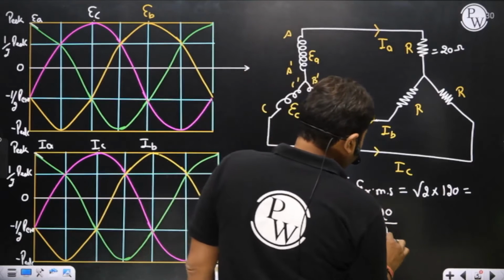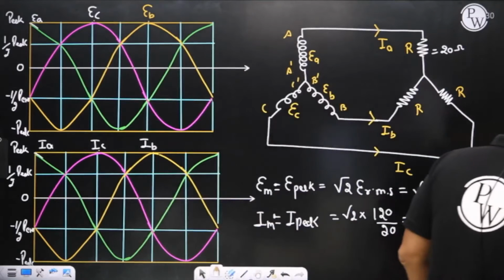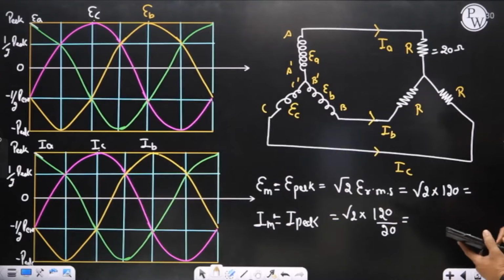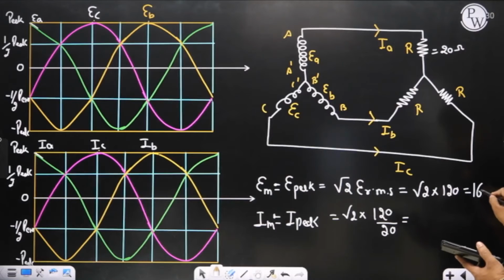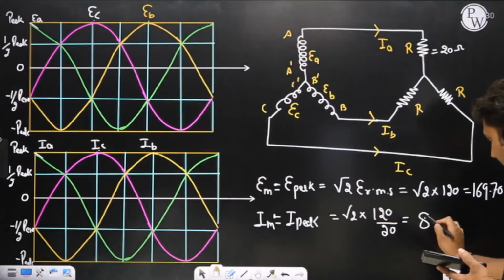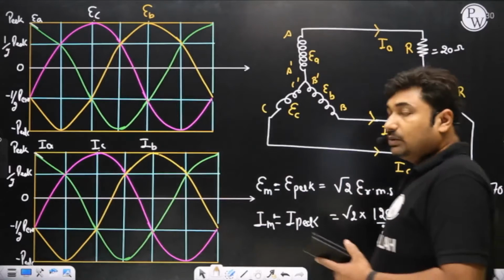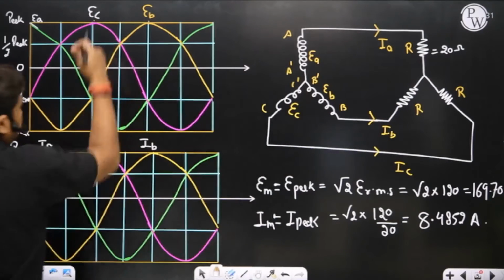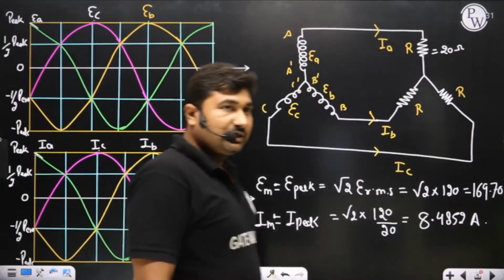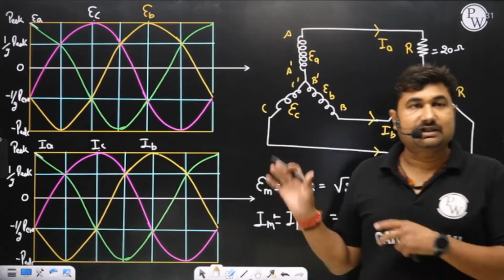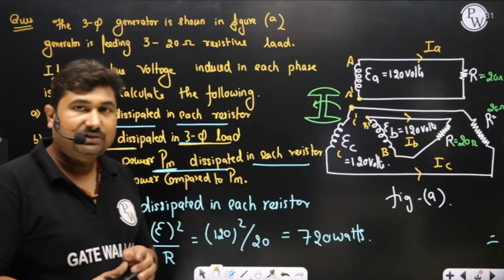That will be 120 into root 2, which is 169.70, divided by 20, which is 8.4852 ampere. So now we know the voltage and current, and the wave shape of the voltage and current is of this type. Are you satisfied?